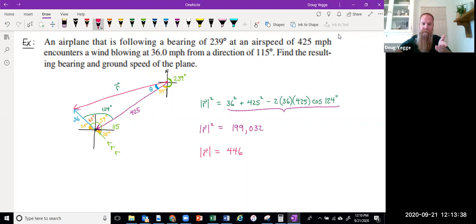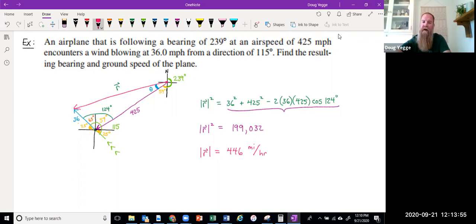Now let's think about what that means. That's telling me the magnitude of that vector. Keep in mind that the magnitudes of these vectors were speeds. And so we now know that the magnitude of r is 446 miles per hour.